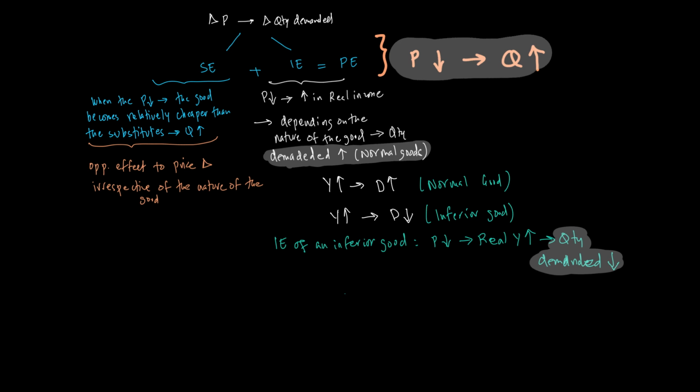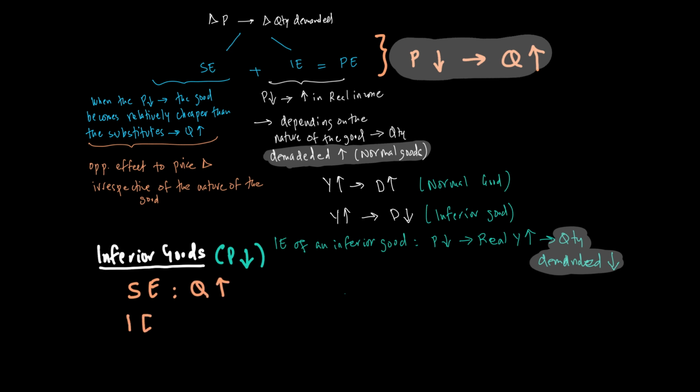This means that for inferior goods, the substitution effect says price goes down, the quantity goes up, but income effect says price goes down, the quantity goes down. We can say for inferior goods, the substitution effect must be greater than income effect, because ultimately when the price goes down, the quantity demanded is still going up, which means that the income effect is smaller than substitution effect.